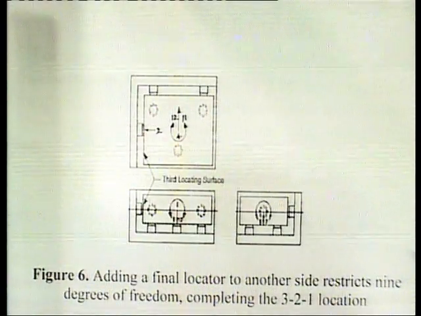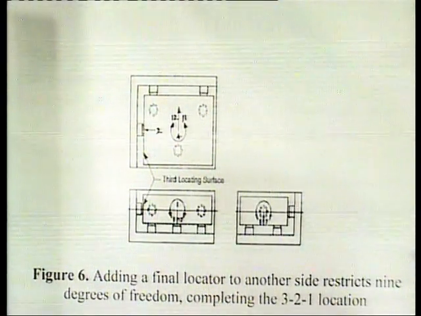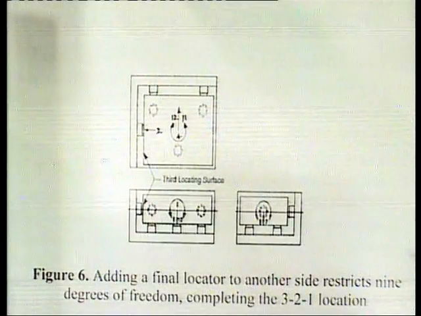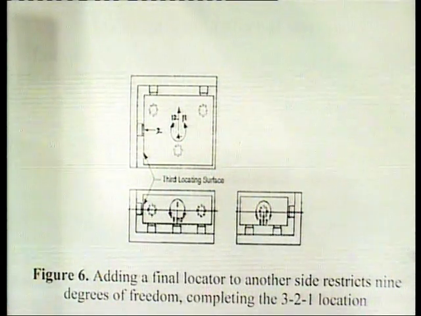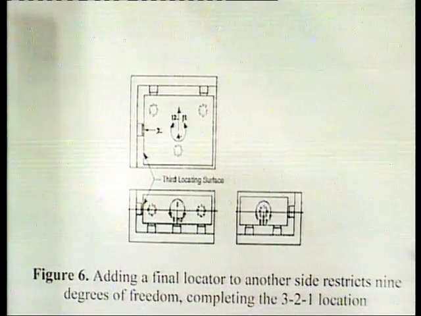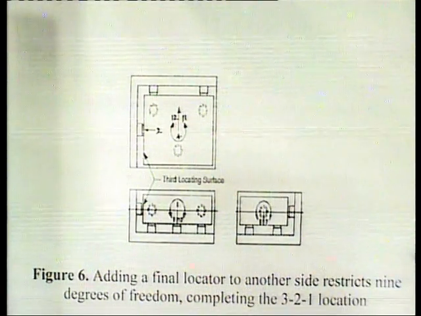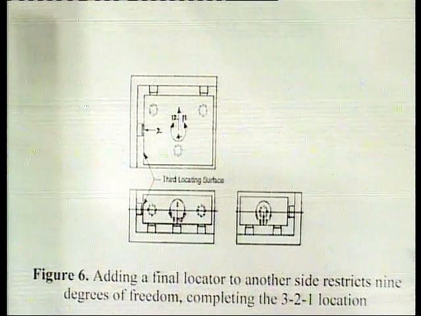The remaining 3 degrees of freedom out of 12, that is in the traditional 1st, 4th and 5th, will be restricted by the clamps which we provide later to this arrangement.